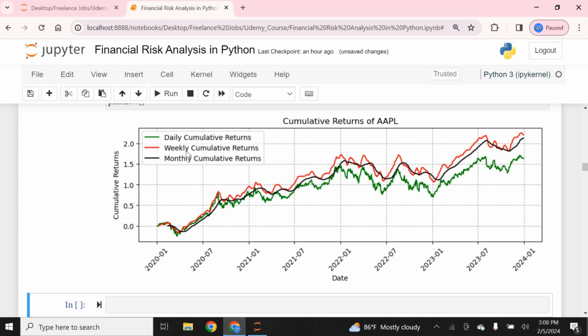Daily is in green, weekly is in red, and monthly is in black. We can see the trend that, at least relatively, we've been having a gradual monotonic increase from January 2020 even up to December 2023.